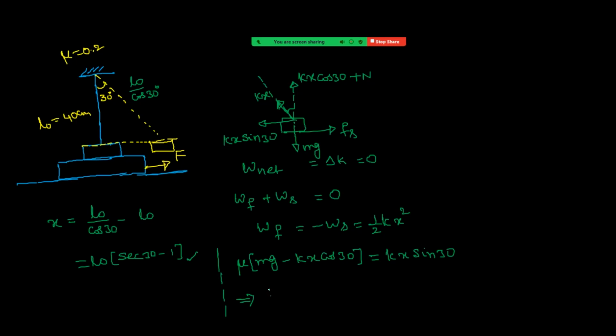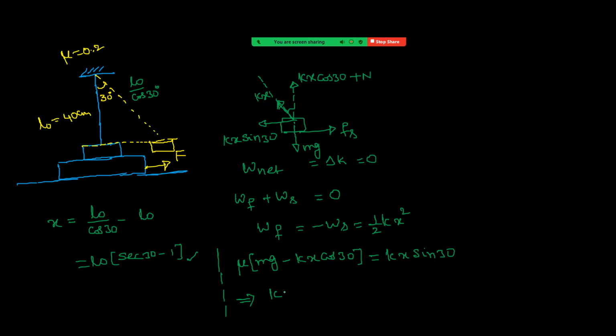See, k value how much? So k equal to, see how much we can write here. I can take this one to right side. Then I can take kx common.